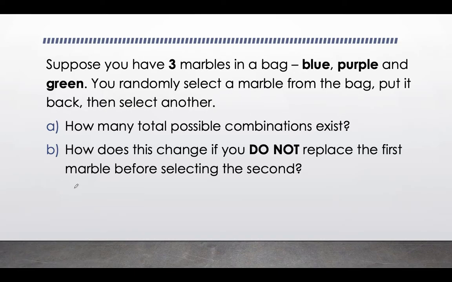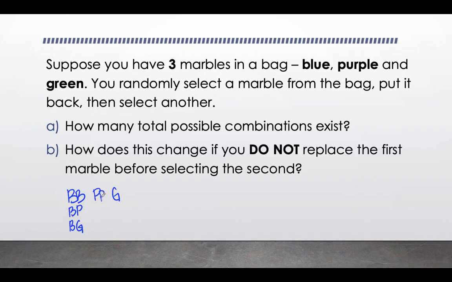If you have 3 marbles in the bag, a blue, a purple, and a green, we know that if I take it out and put it back, then my second option for the marbles that I select could also be blue, purple, or green. So my choices are I could pick a blue and then another blue, I could pick a blue and then a purple, or a blue and then a green.